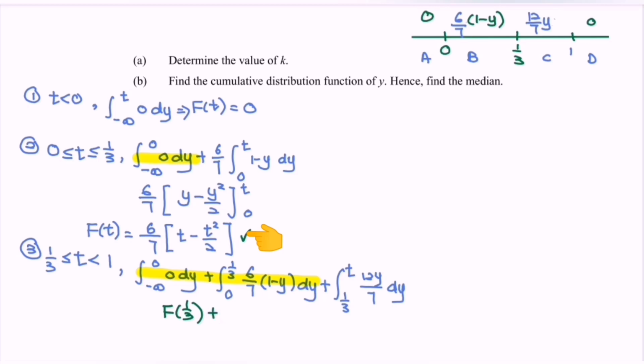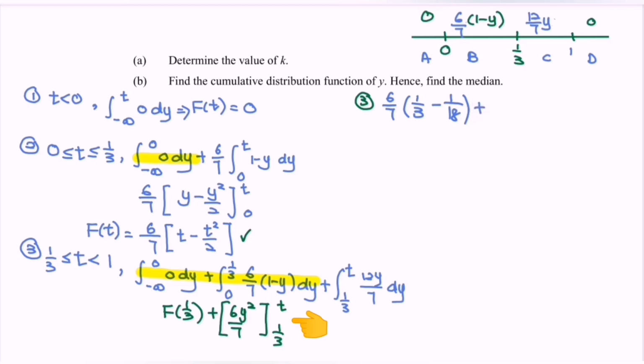Plus, if we integrate, we will have 6y squared over 7, evaluated from 1/3 to t. If we substitute 1/3 into part B, we have 6/7 times (1/3 minus 1/18), which is 5/21. Plus 6/7 times (t squared minus 1/9).